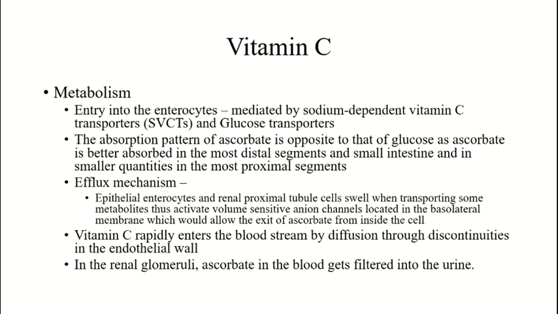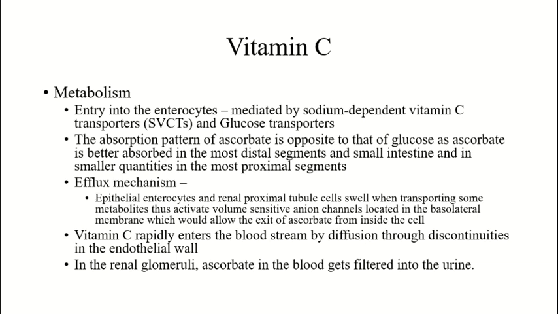Furthermore, I should add that vitamin C typically gets transferred into the bloodstream by diffusion through discontinuities of the endothelial wall. In instances like the renal glomeruli, ascorbate in the blood gets filtered into the urine.